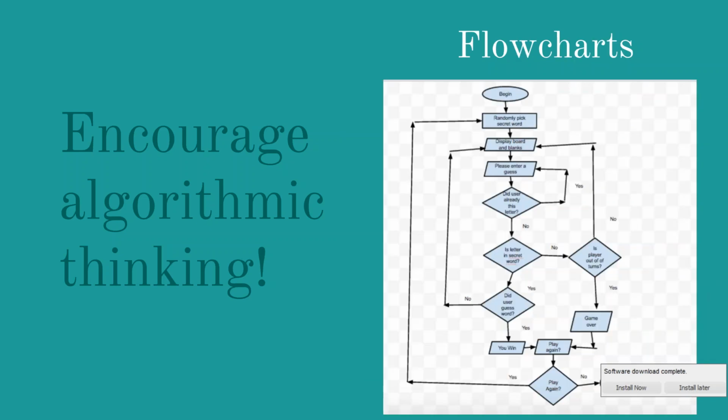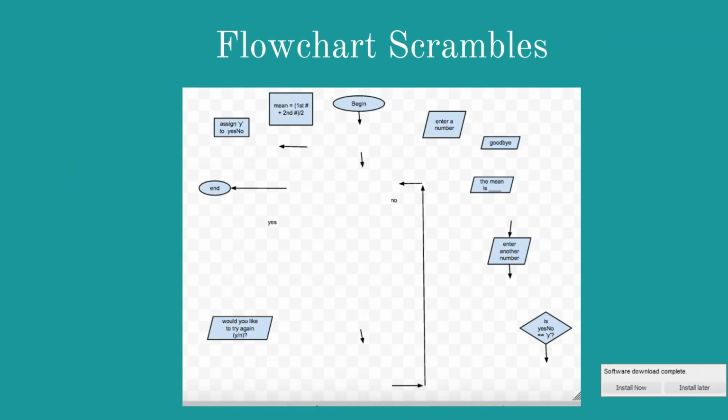So same thing for a flowchart. I will create a flowchart, and I recommend that you do this as well. Create a flowchart for any model programs that you're using. This is Wheel of Fortune, I believe. That's what this flowchart is for. So I try to always give them some type of model, and this helps your visual learners. I've had students tell me that they like flowcharts because they can see it visually.